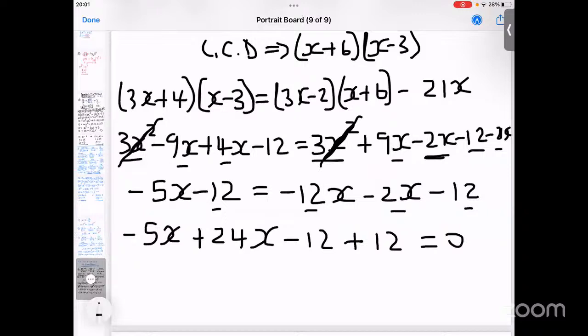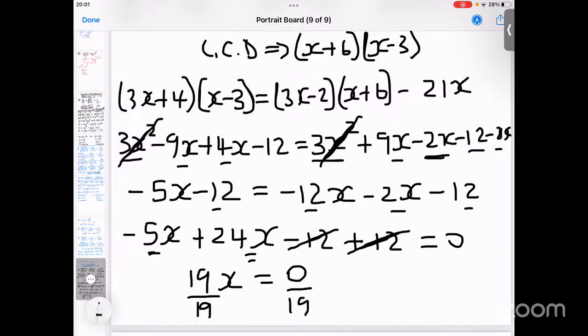Then what is that and that? Obviously these two cancel. But what is that and that? It's like saying 24 minus 5, which equals 19. So you have 19x, which therefore equals 0. Divide both sides by 19, and then you have your x, which equals 0.